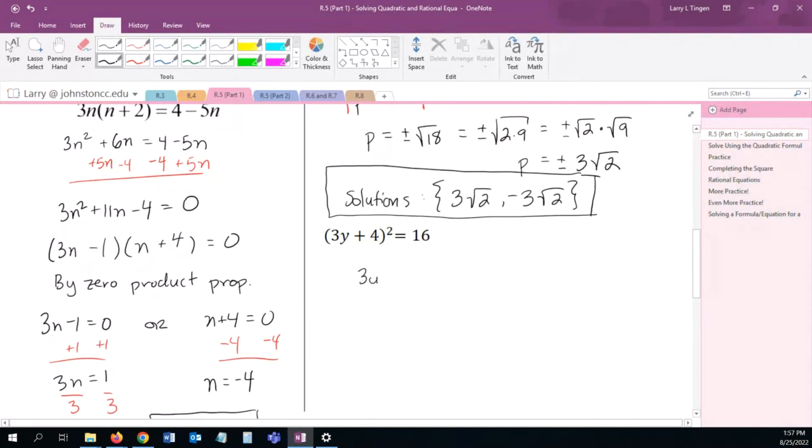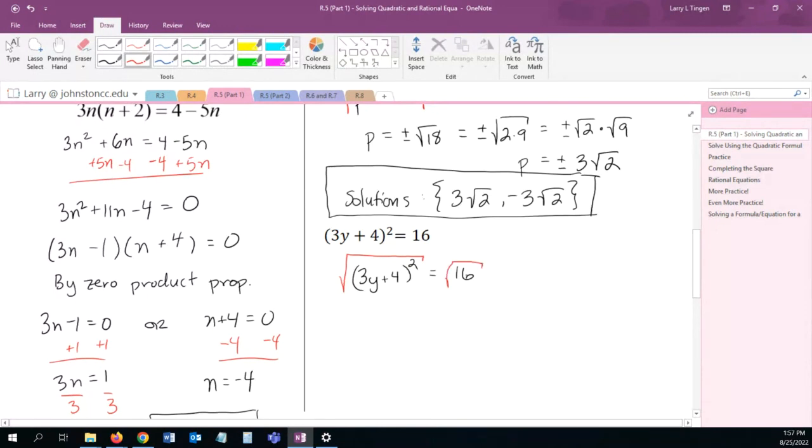So I'm going to do the same first step that I did up here. I want the y to get out. The y is currently in the parentheses and being squared. I cannot do anything until I get this y out of the parentheses. How do I get rid of a square?